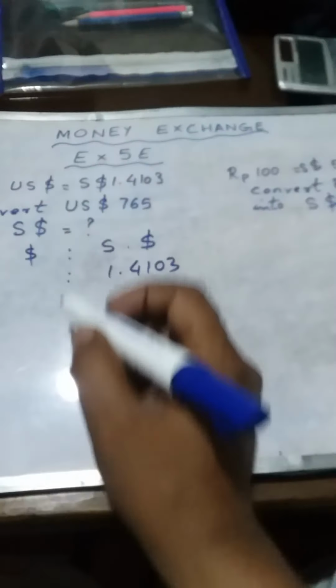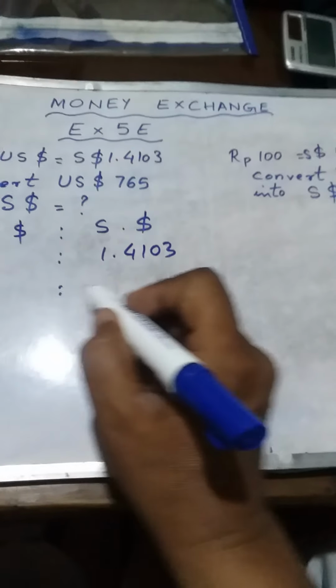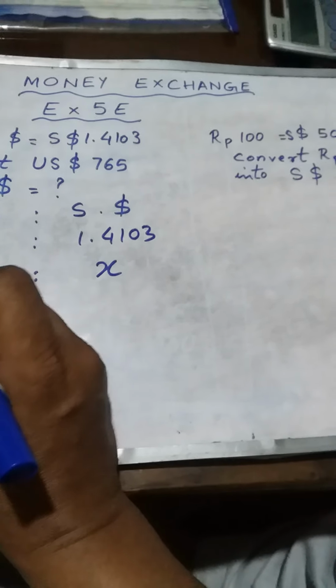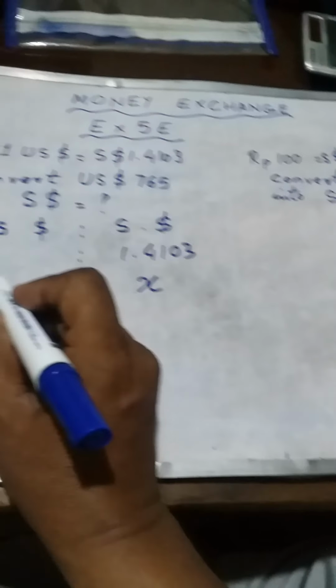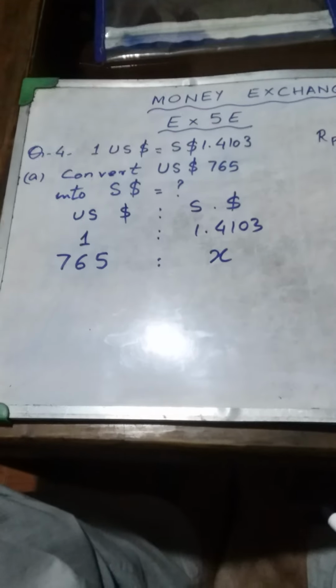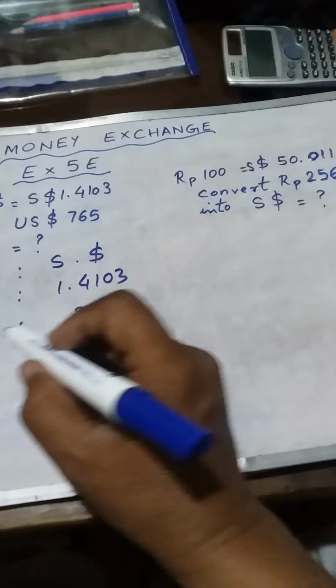Now in Singaporean dollar we have to find this, so it is x, and over here we have US dollars, that is 765. As I told you before, this will be done by the method of direct proportion.